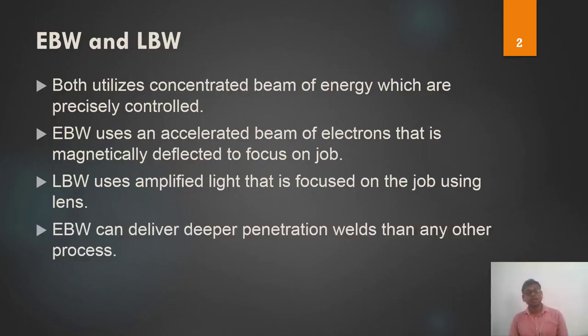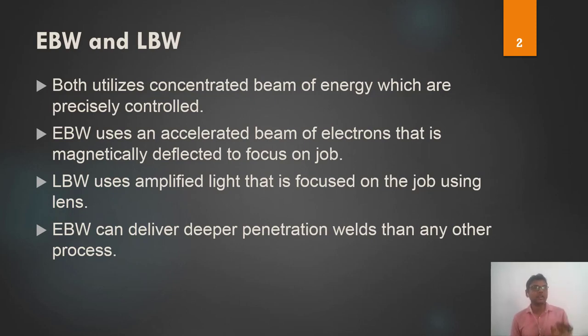Now, the main point which you have to remember in this complete class is this point. If you forget all the other points, still, if you remember this one, that is enough. That EBW, that is electron beam welding, delivers deeper penetration welds than any other process. Why it happens, that we will see.